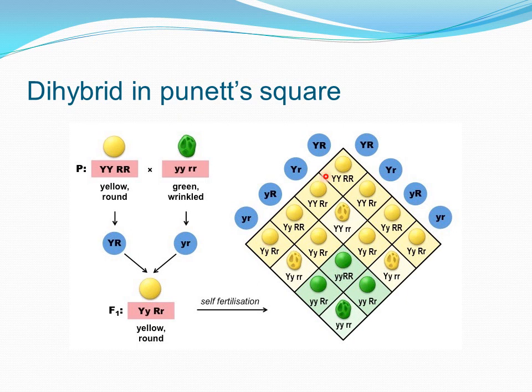This last one is green and wrinkled. So the ratio in this Punnett square is 9:3:3:1. We can see here the phenotypic combinations as well as the genotypic combinations.